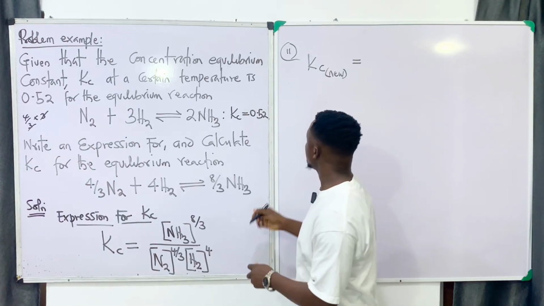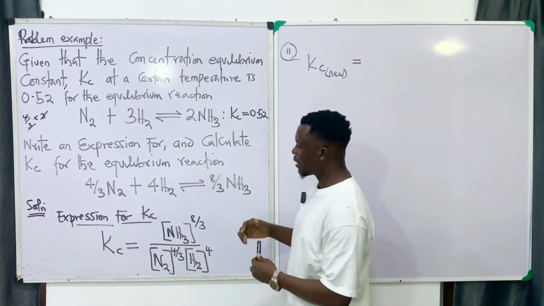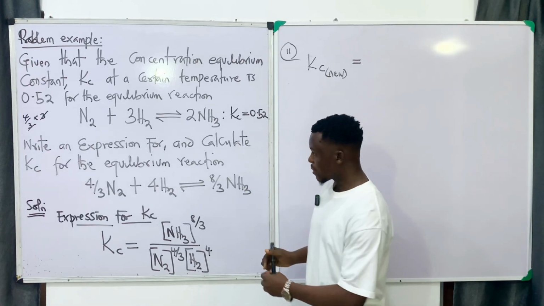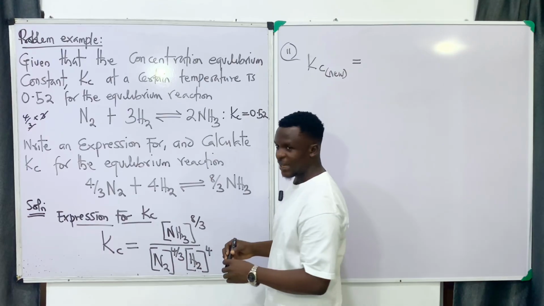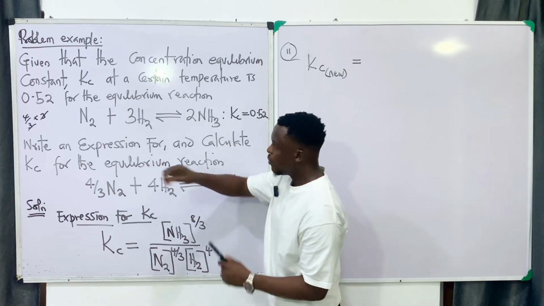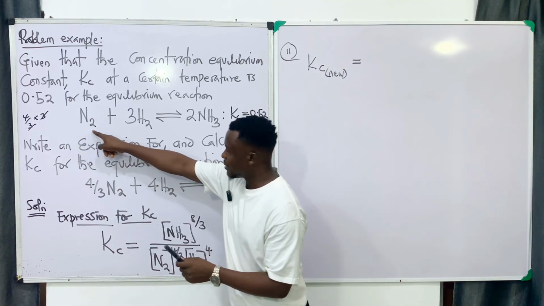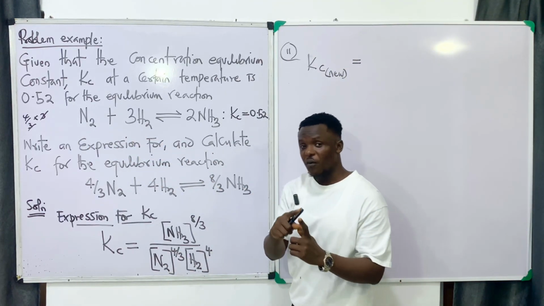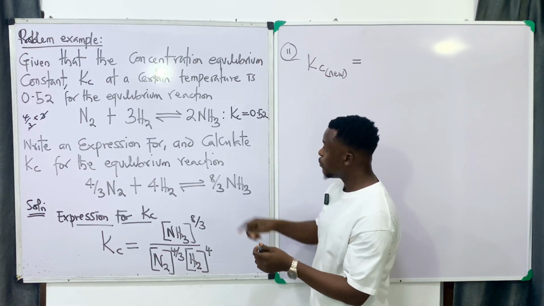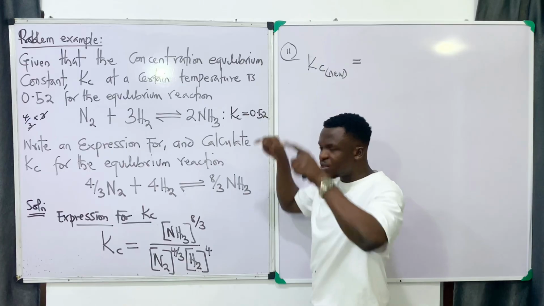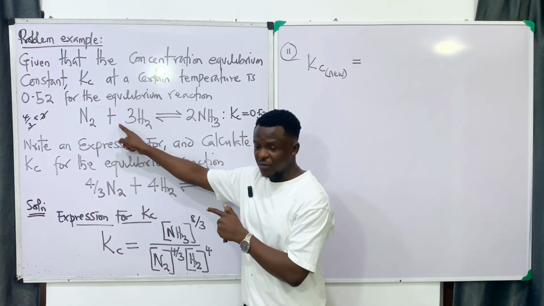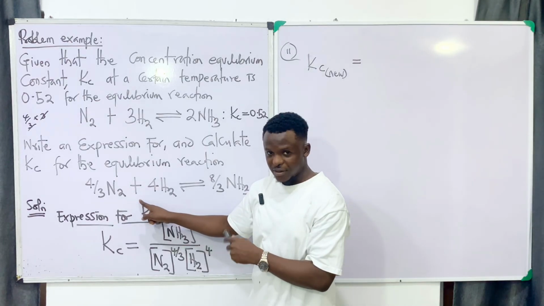So therefore, for us to get the equilibrium constant of this reaction, class, listen. We are going to first of all ask ourselves, what can we do to this equation to get this? We can see that we are going to multiply this equation by 4 over 3. So therefore, the equilibrium constant of this reaction will be the equilibrium constant of the original reaction raised to the power of 4 over 3, because when you multiply this equation by 4 over 3, you're going to get this, right?